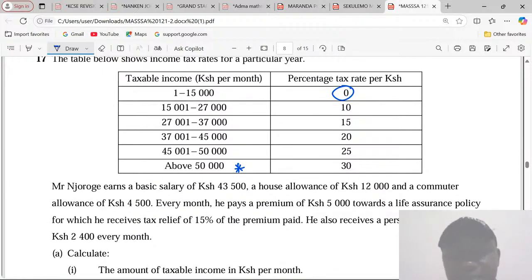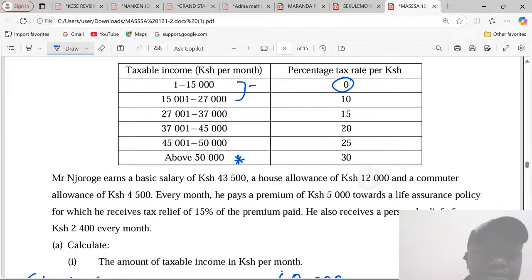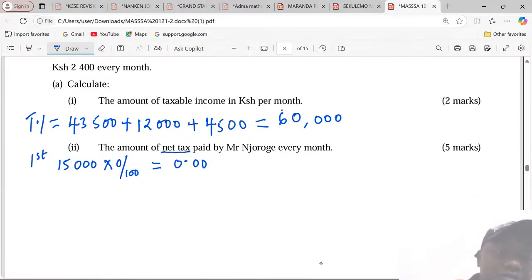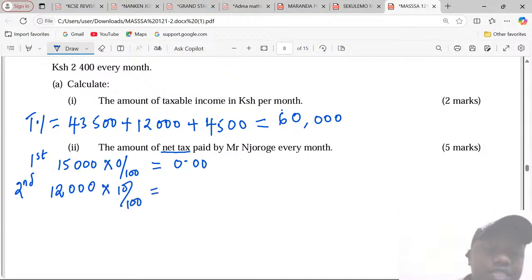For me to get what lies in the second bracket now, I have to subtract 27,000 minus 15,000. This gives us 12,000. So the second bracket, having 12,000, is being taxed at 10%.